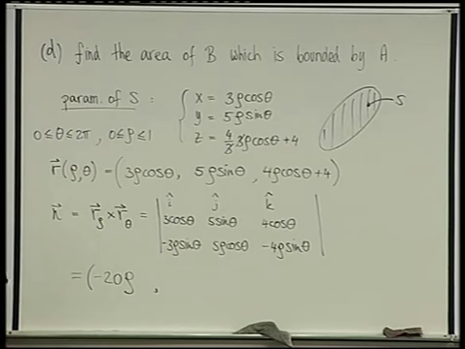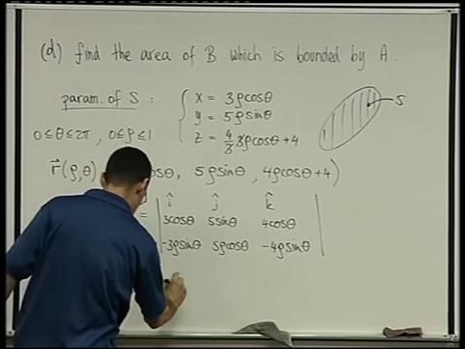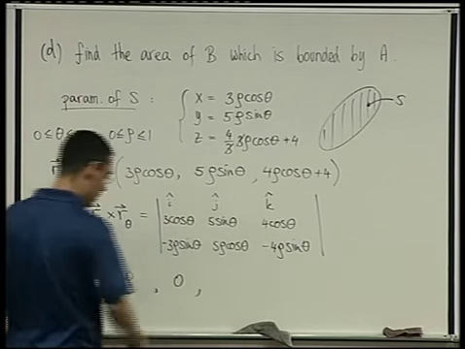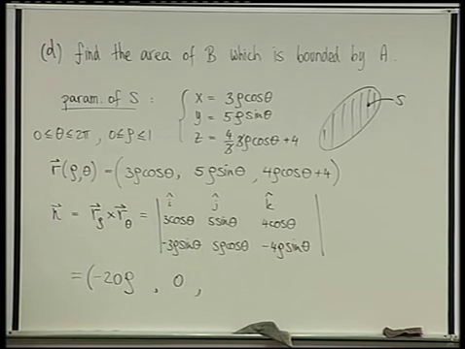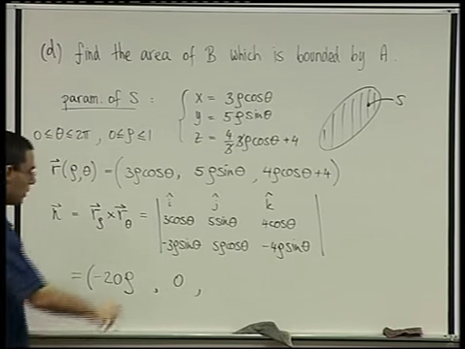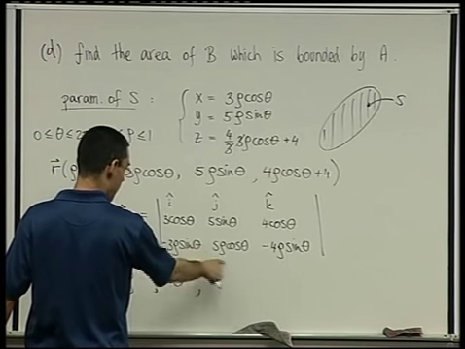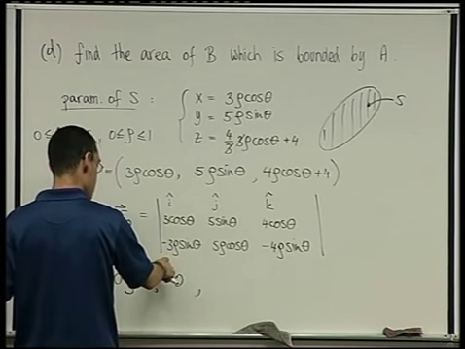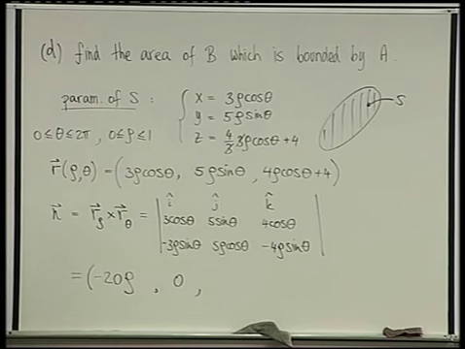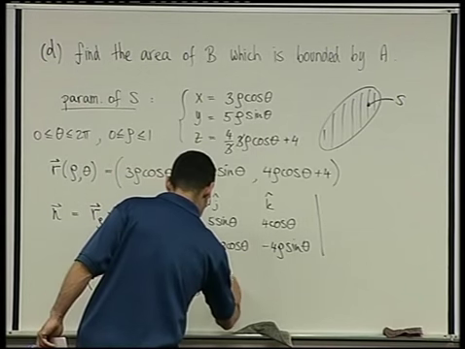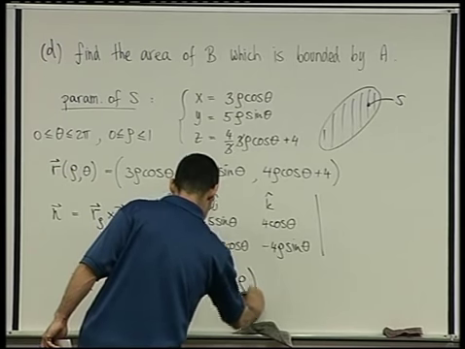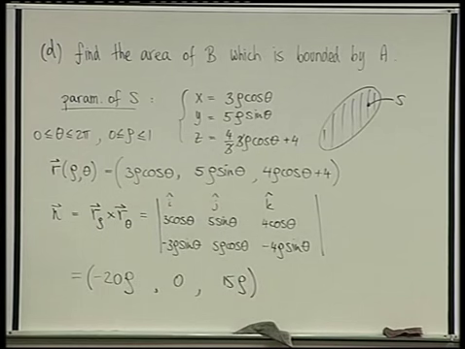We get 0. And in fact, it's a minus 0 because of the J, but it's still 0. Do you agree? For the K component, 15 rho cosine squared, minus minus plus 15 rho sine squared. So we get 15 rho. Does everybody agree? Okay, so we have the normal.